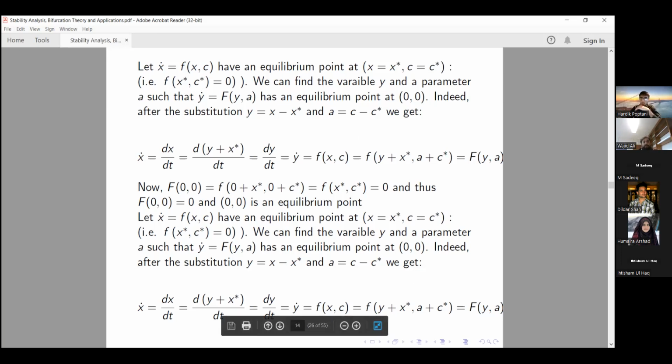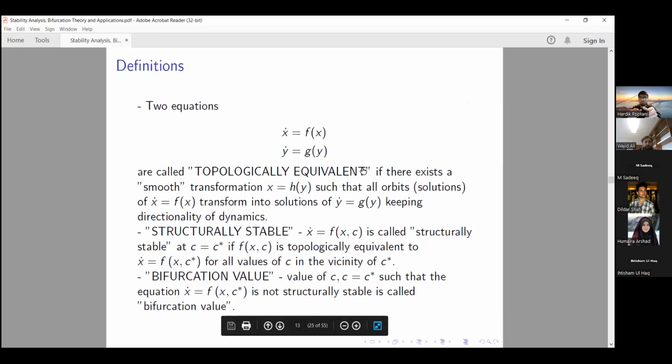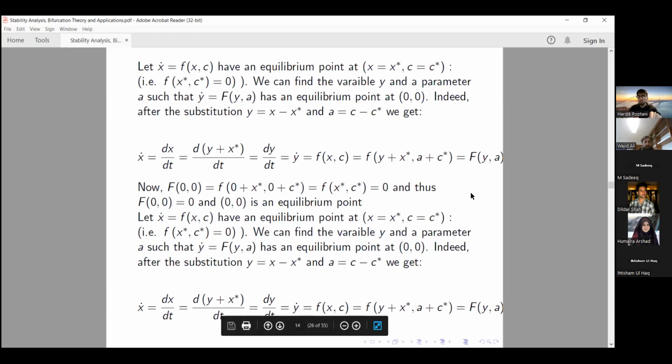When we talk about topological equivalence, that's why I wanted to show a diagram that we can shift an equilibrium point to 0, 0, because if it's topologically equivalent, then the system of equations will be exactly the same, but just placed at a different point. So we can shift using y and another parameter such that it has an equilibrium point now at the origin. Does this help you understand a bit what I mean by topologically equivalent?